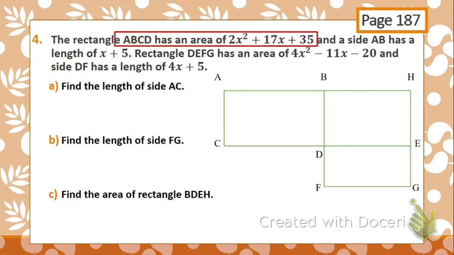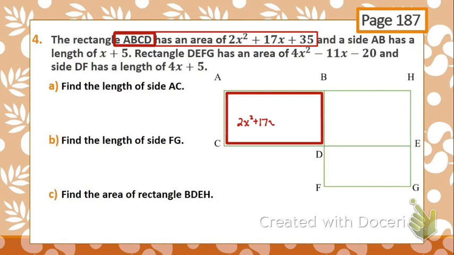And which rectangle is it telling me the area of first? A, B, C, D. Where is that rectangle? Top one. This guy right here is A, B, C, D. So I know the area, the space on the inside, is 2x squared plus 17x plus 35.